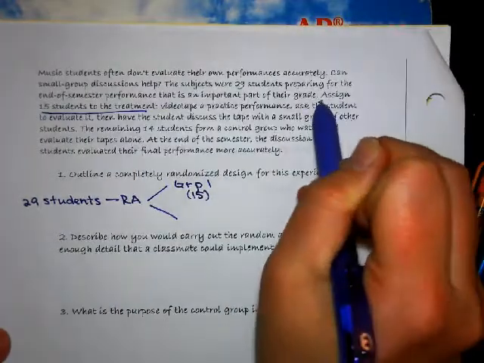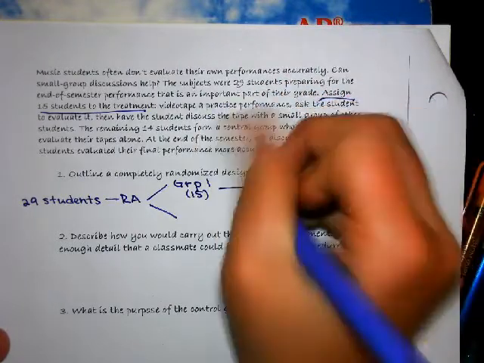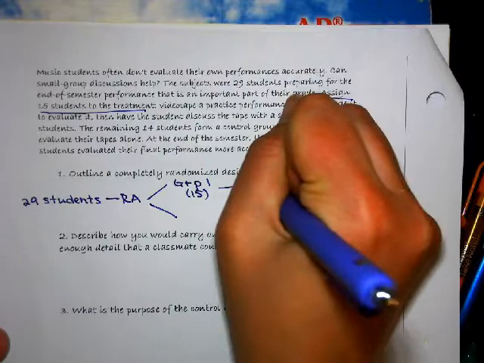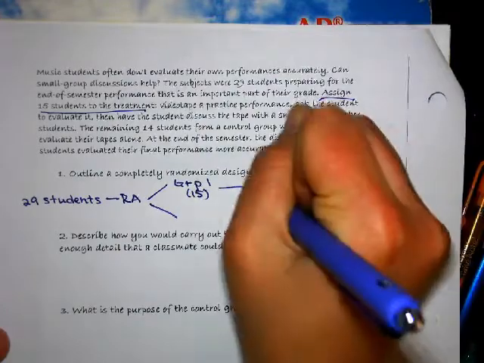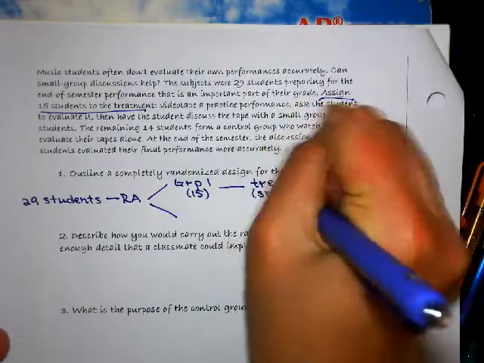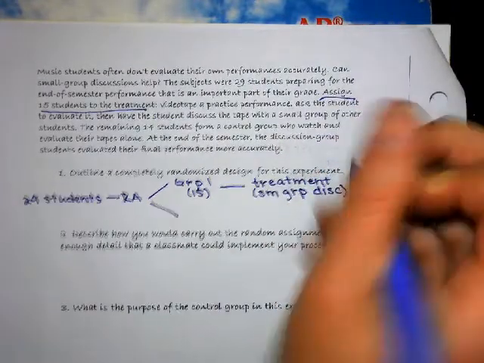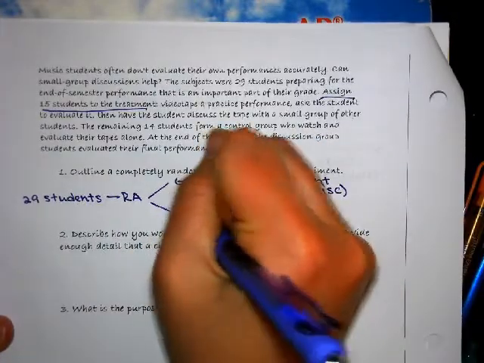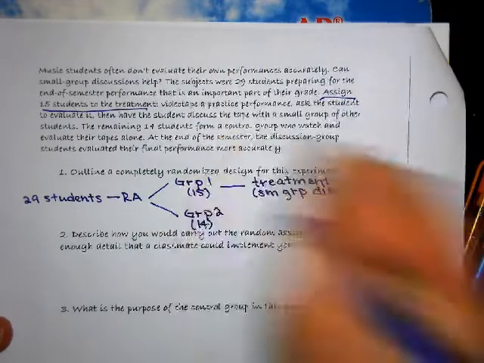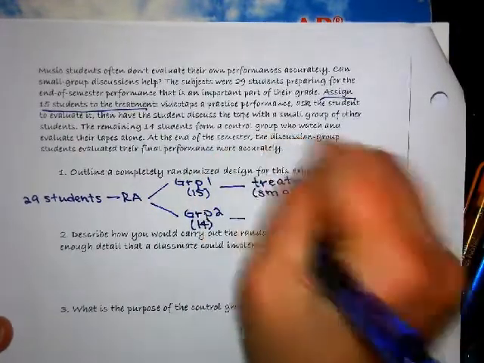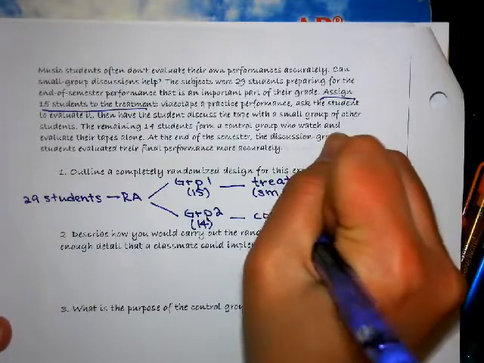So they're going to get the treatment, which is watching the videotape and then small group discussion. And then 29 minus 15 means that 14 students would go to group 2. And those students are our control, so they do it alone. No small group.